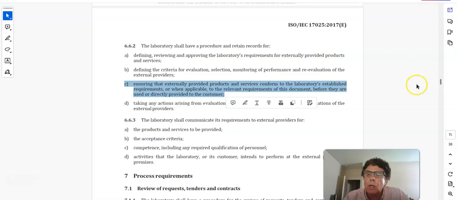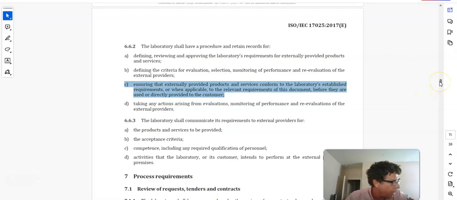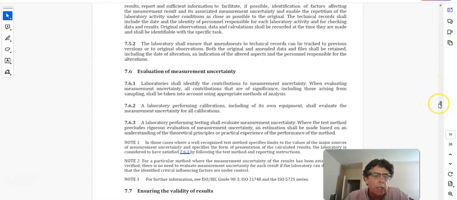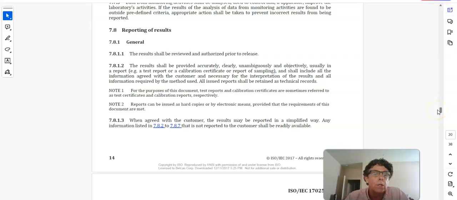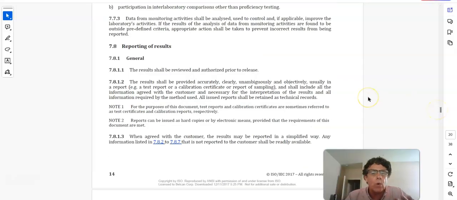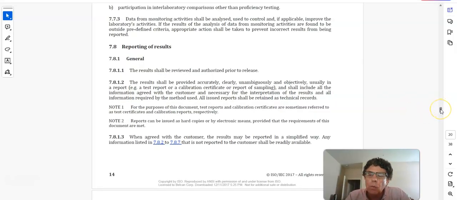And the last section I'll talk about is section 7.8, which is talking about what goes on to a calibration certificate. So section 7.8 talks about, for testing labs, what you need to put on your test report.